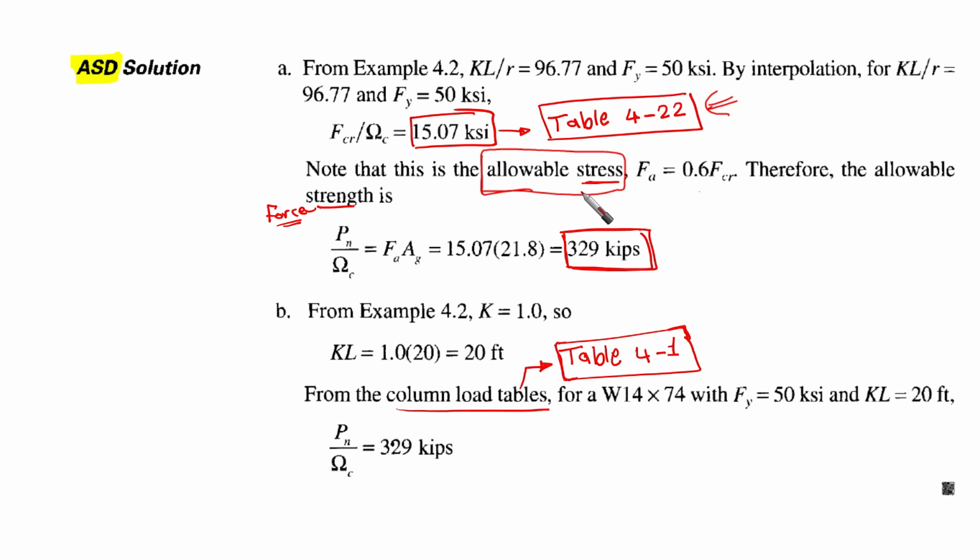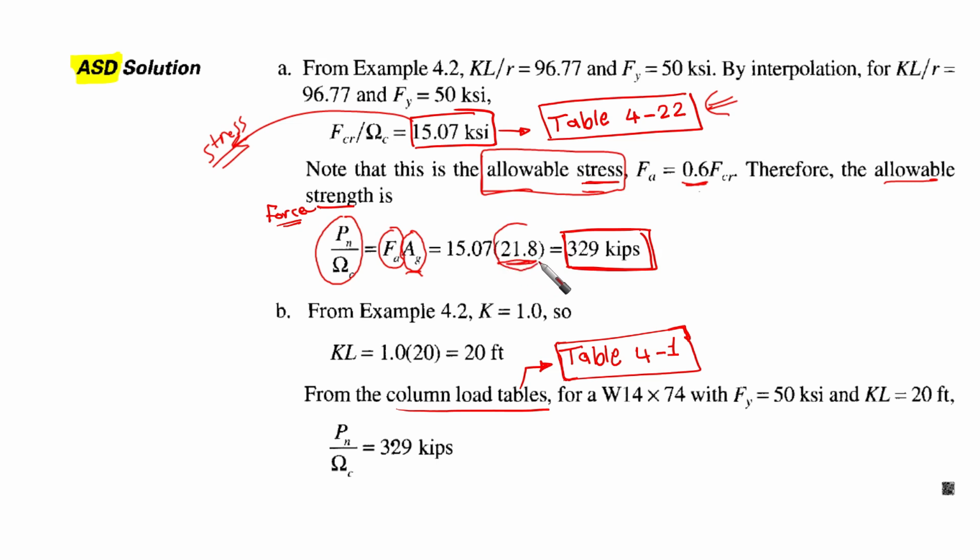This is allowable stress. However, if we want the allowable strength, which means the force, then we need to multiply by the gross area, because this value is stress. So Pn, the nominal strength over the safety factor omega c, equals Fa, the allowable stress that we have obtained, times the gross area, which is 21.8.